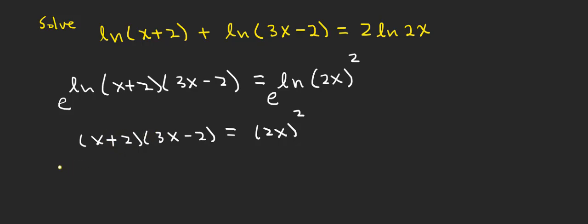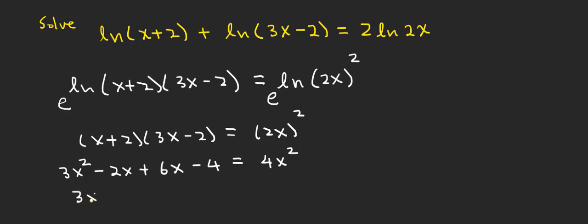You're going to get 3x squared plus minus 2x plus 6x minus 4 equals 4x squared. And then you get 3x squared, combine the like terms, plus 4x minus 4 equals 4x squared.